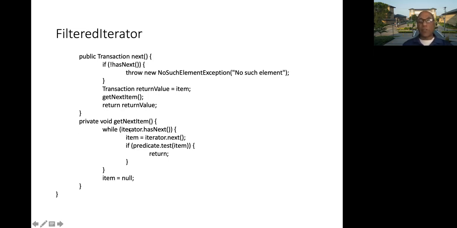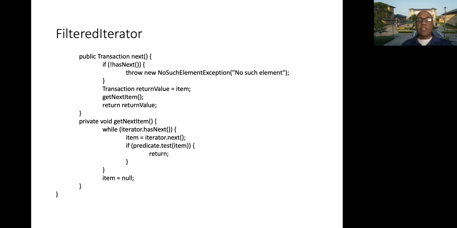That iterator is used to check if there is a next transaction. And if there is a next transaction, that transaction is looked at and checked whether it satisfies the predicate. So the predicate is also supplied by the creator of the filtered iterator, and the test method checks whether the transaction satisfies the criterion, which would be whether the transaction is on a particular date.